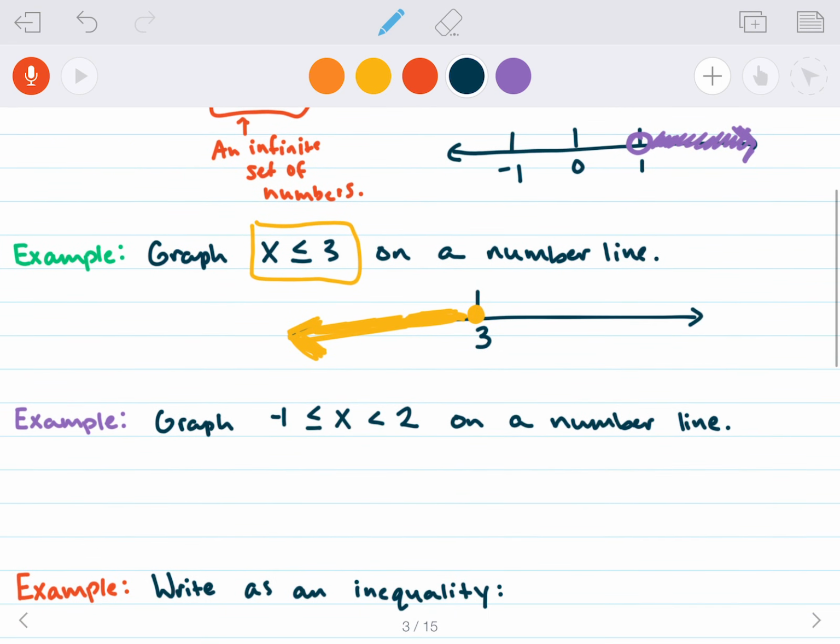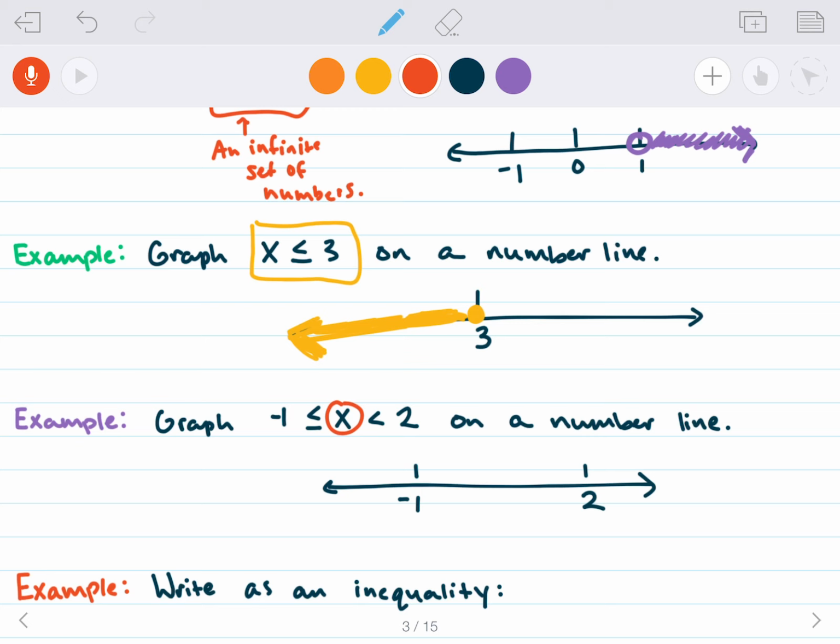All right, now we have what we call, I don't know, maybe a compound inequality. Basically, you're just going to plot the two numbers. We have negative 1 right here and 2 right here. And you want to start at the middle thing, right, which is x.